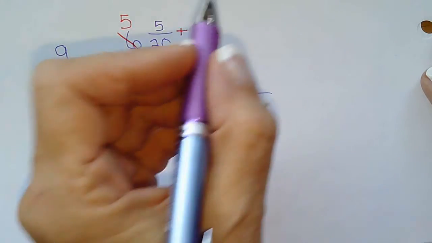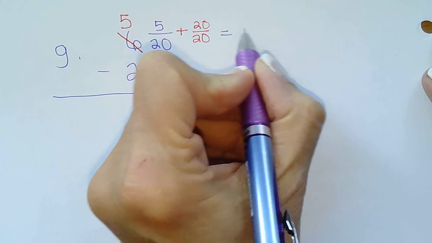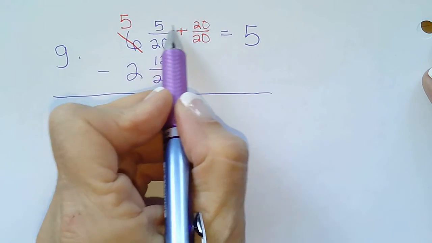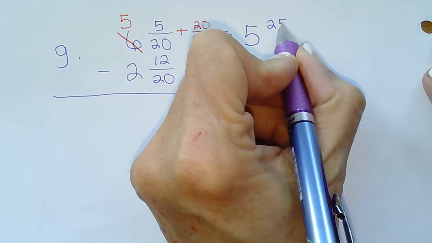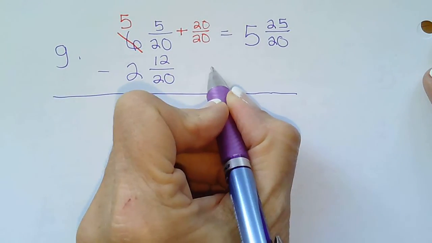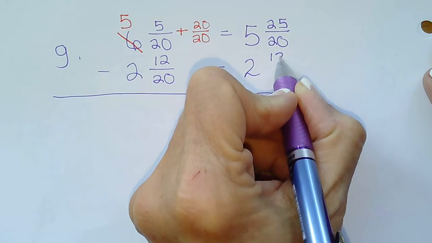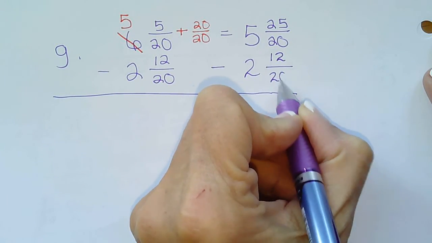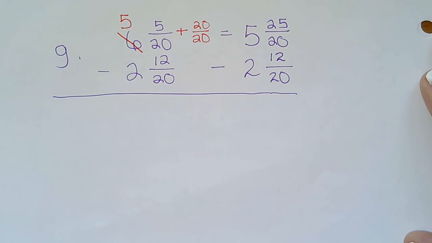So now what this problem is would be 5 and 25/20 minus 2 and 12/20. So see how sweet that is? Now we can subtract.